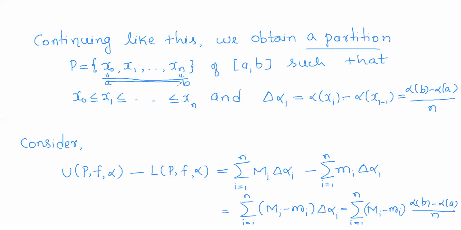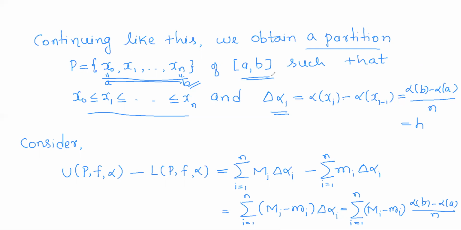So we get a set of points from a to b such that they are in increasing order, and in general delta alpha i will be h. Any set of finitely many points from a to b forms a partition of the closed interval [a, b].